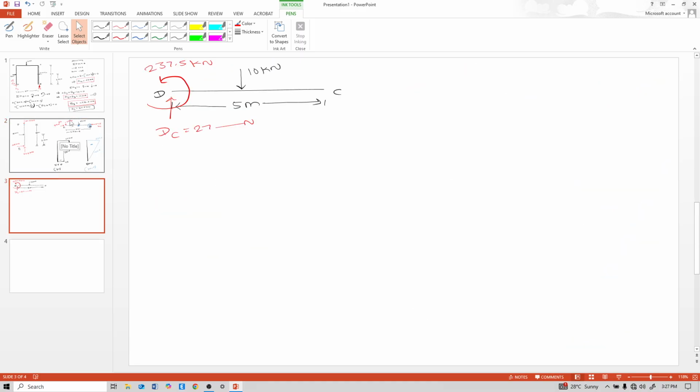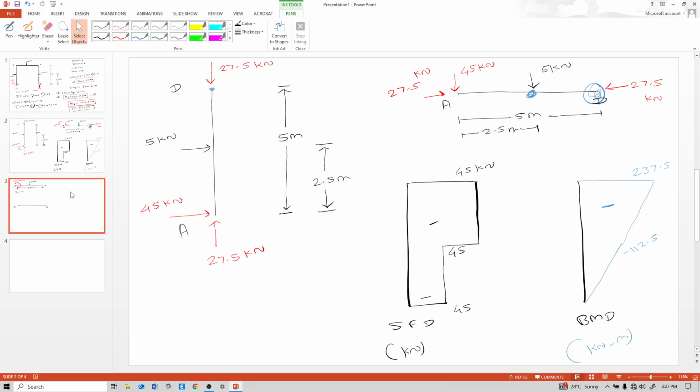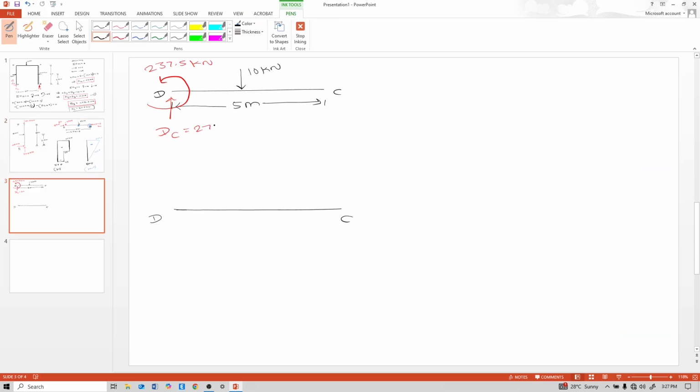So draw shear. This 27.5 kilonewton goes upward. In between this D to that, 10 kilonewton per meter load. So again a horizontal line.